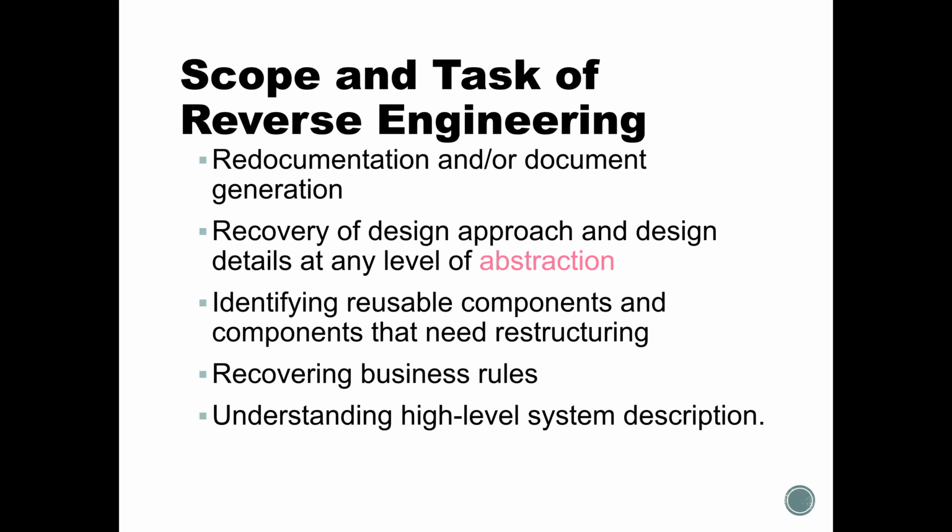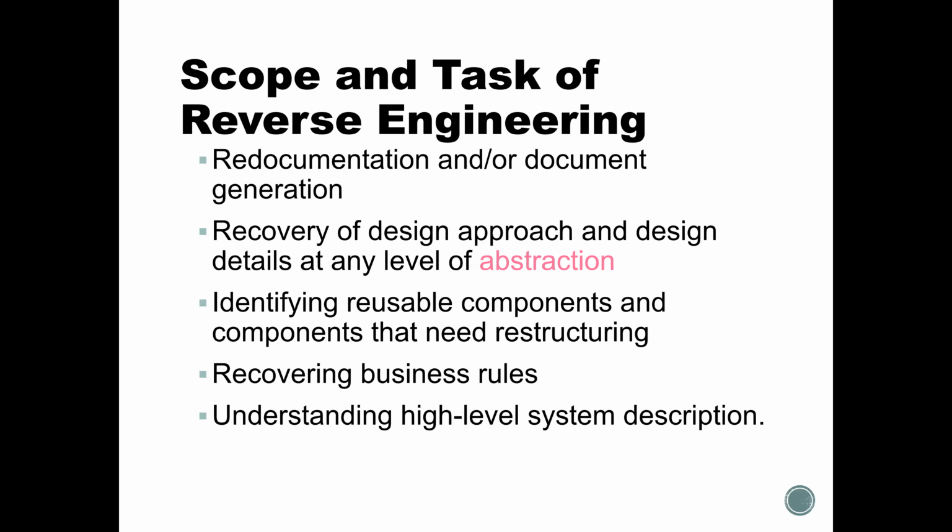we can recover the overall architecture or the design, or we can recover the information about different components and modules of the system, or we can also recover the machine level code of the system that was used for designing the product. And we can also identify reusable components and components that need restructuring.